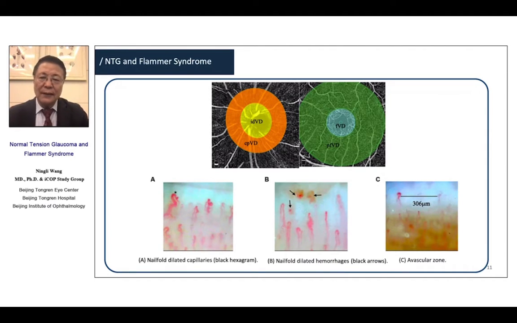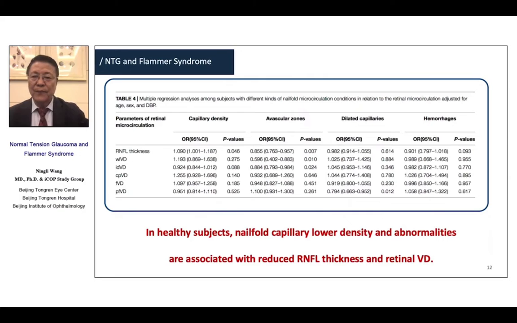From our studies, we found a strong correlation between the two microcirculation systems. If the patient suffers from phlegm syndromes, the patient will have nailfold microcirculation changes, and meanwhile some defect in the retinal microcirculation.